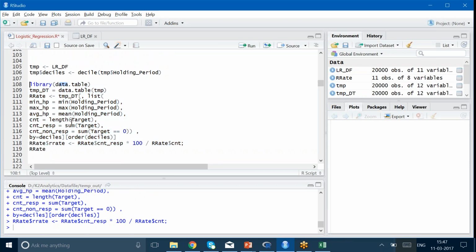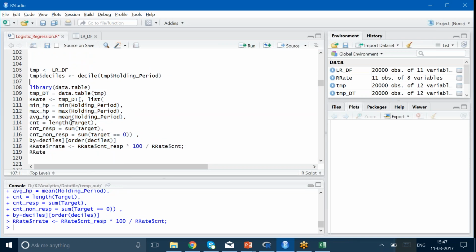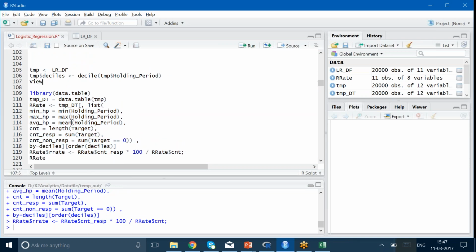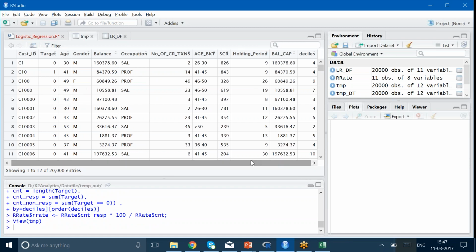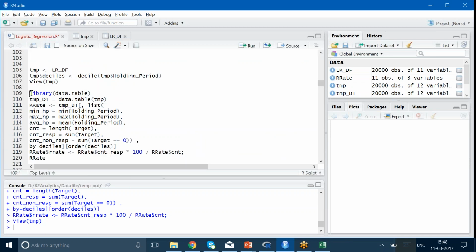Let me show you the table. View TMP. Each record has been marked with the decile it falls in: 1, 2, 3, up to 10. Ten deciles are created. Then based upon this code, I am aggregating the data.